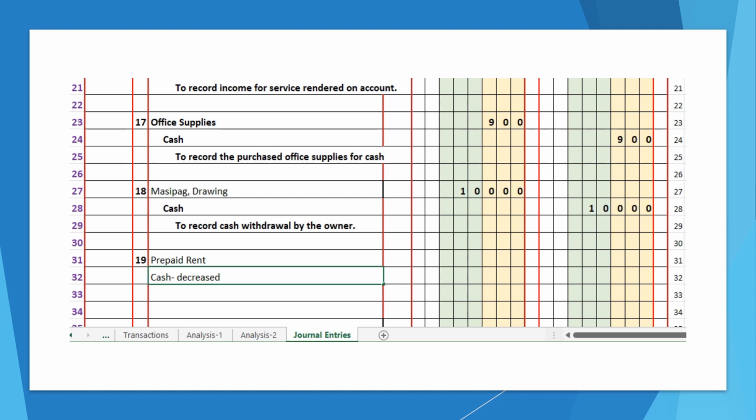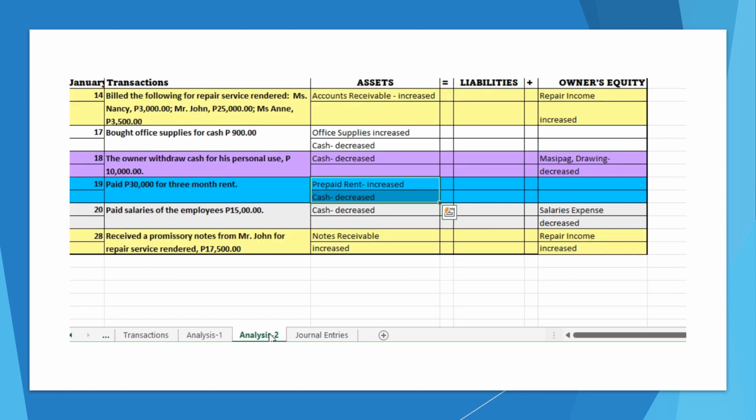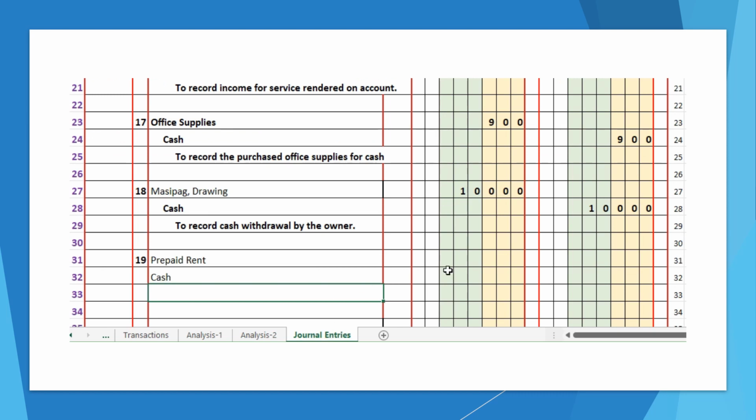How much is that? Is it 30,000? Yes. 30,000. Okay. Same amount.